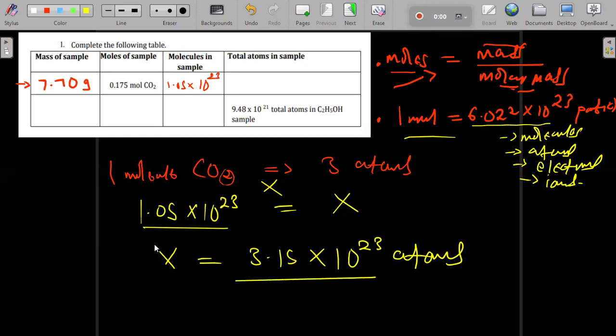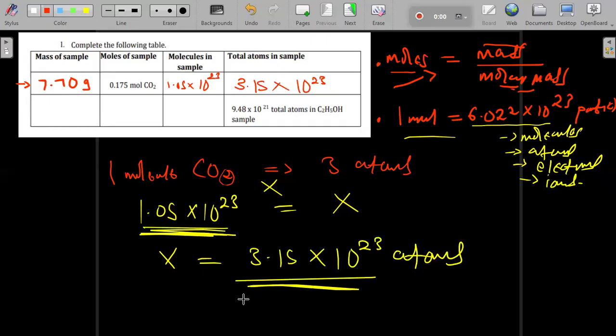So in this much of the molecules, we have this much of the what? The atoms. So you can get this number and put it here: 3.15 times 10 to the power 23 atoms.